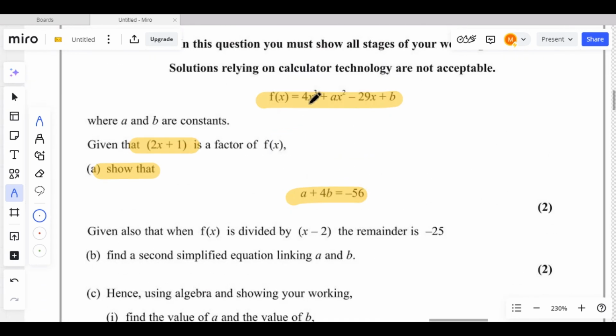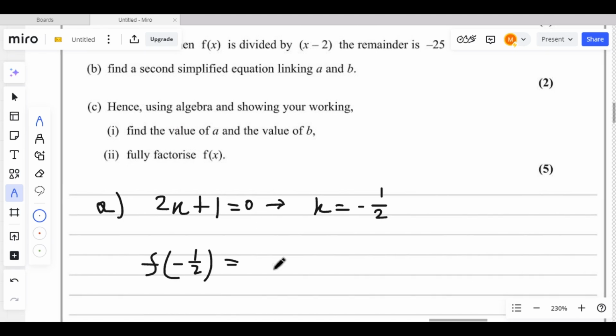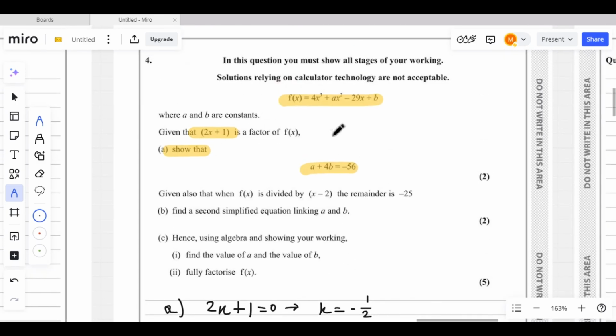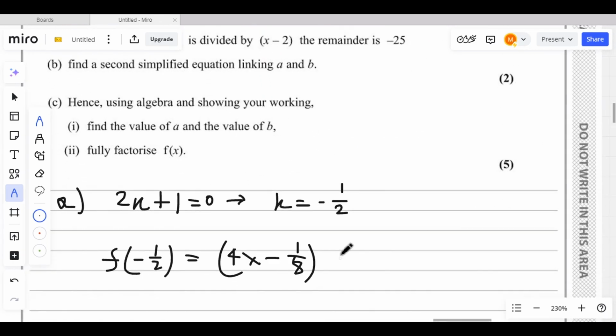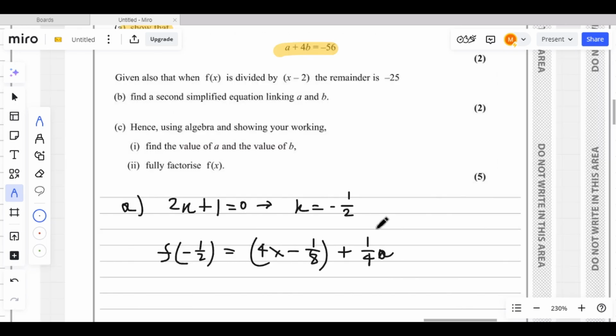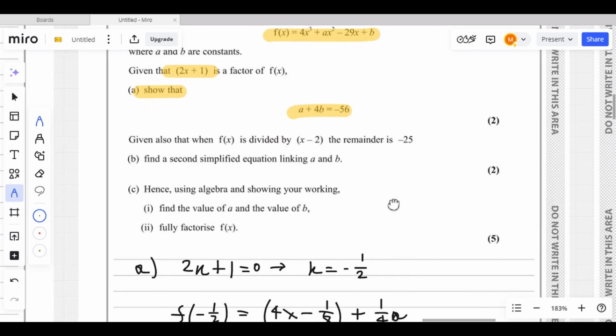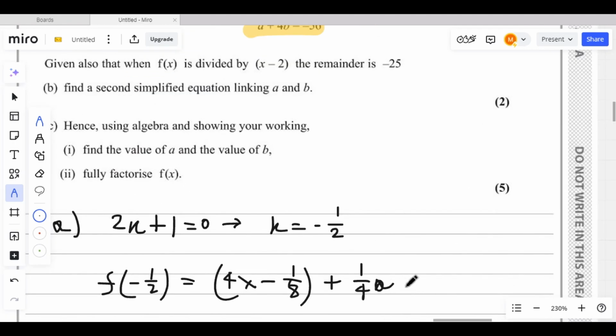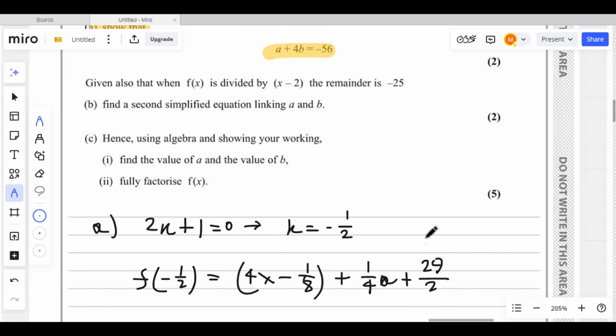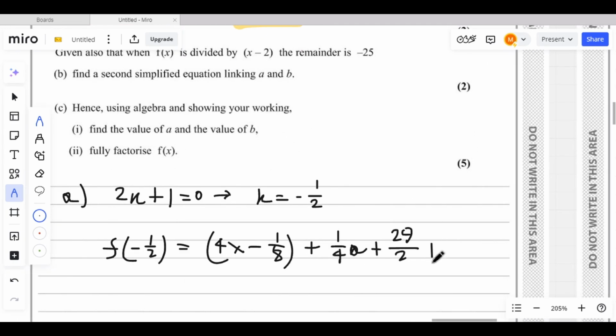That would be negative 1 over 2 whole cube, which is negative 1 over 8. So 4 times negative 1 over 8. Next, plus ax squared, that would be plus 1 over 4 a, and then negative 29x, so that would be plus 29 over 2 plus b.